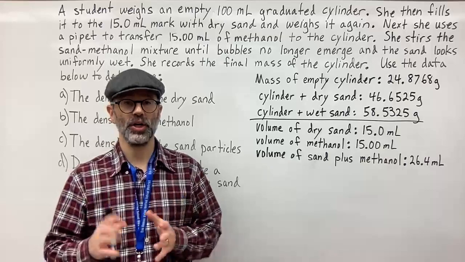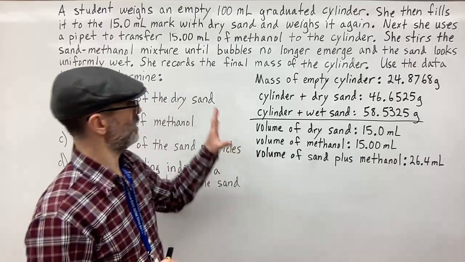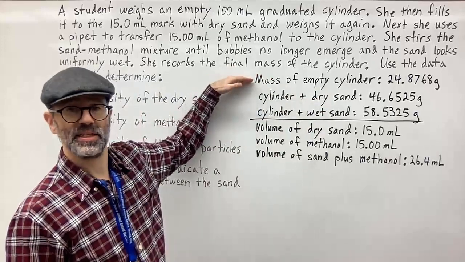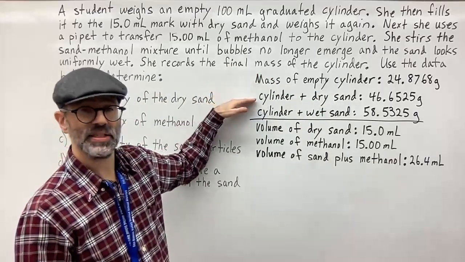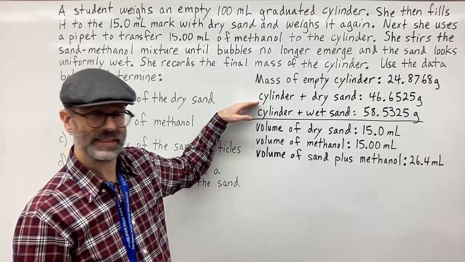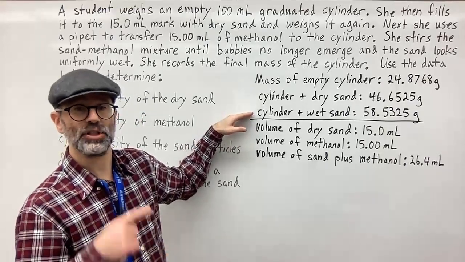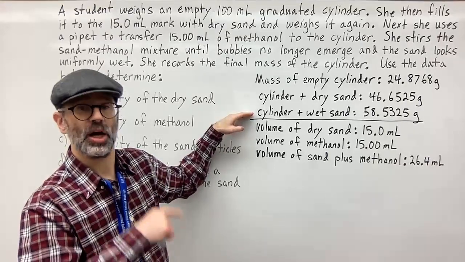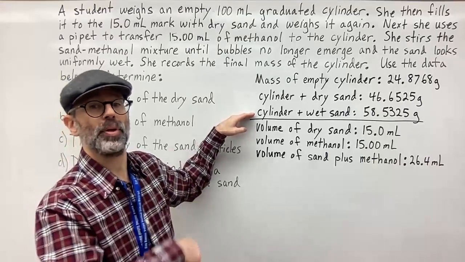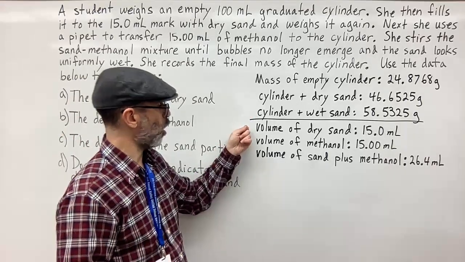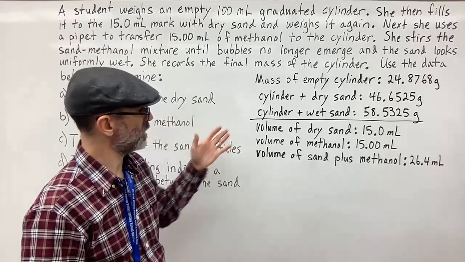So then what we're going to do is use the data. Here are the masses: the mass of the empty cylinder, the mass of the cylinder and the dry sand together, and the cylinder plus the wet sand, which means the cylinder plus the methanol plus the sand. And then here are the volumes of the substances.